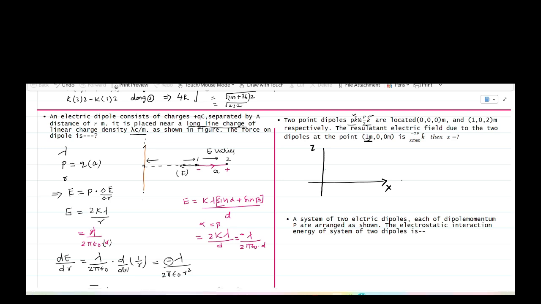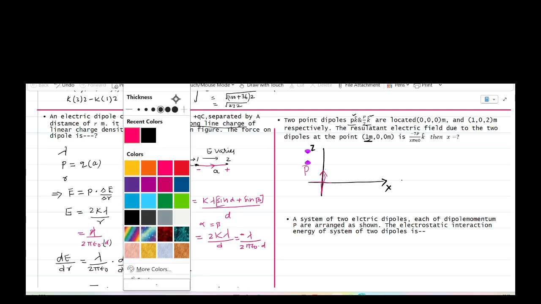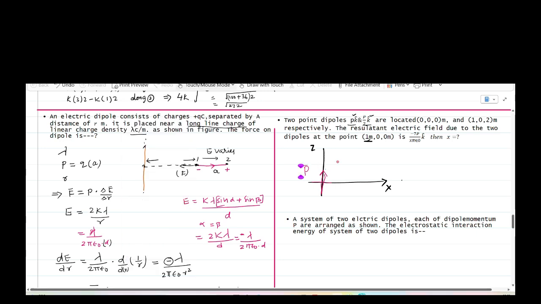So from the given data, at the origin there is a dipole P along the z axis. This is P bar. And at the point 1, 0, 2 there is one dipole along the direction, of magnitude P by 2.